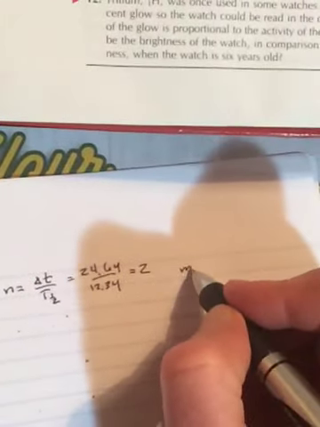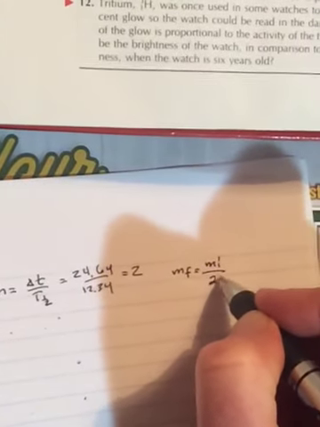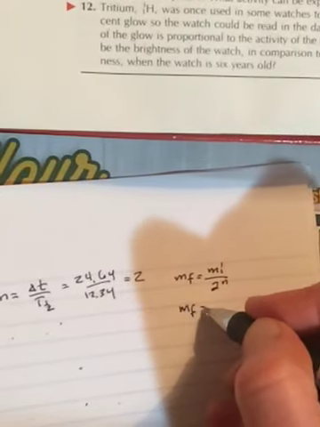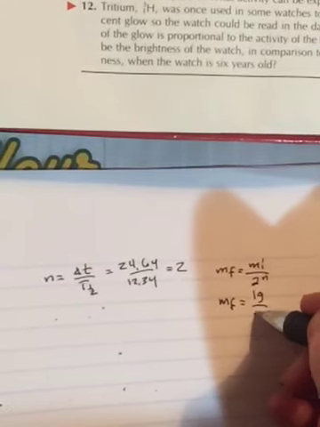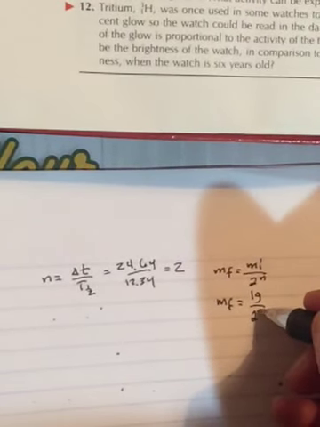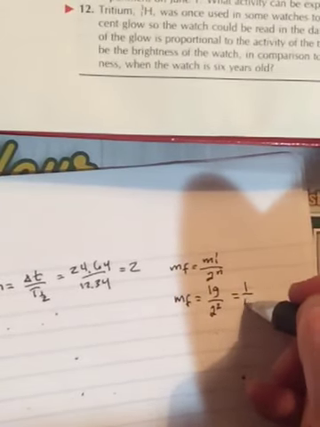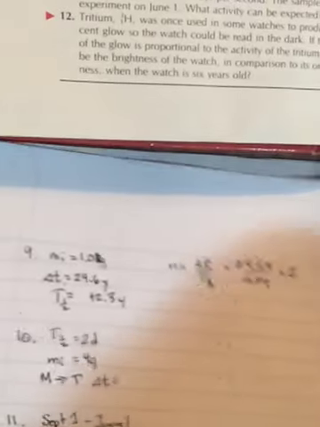So then we do MF is equal to MI over 2 to the N. So MF is equal to, originally it was 1 gram over 2 to the 2, or 4. So how much is left? 1/4 of a gram, or 0.25 of a gram.